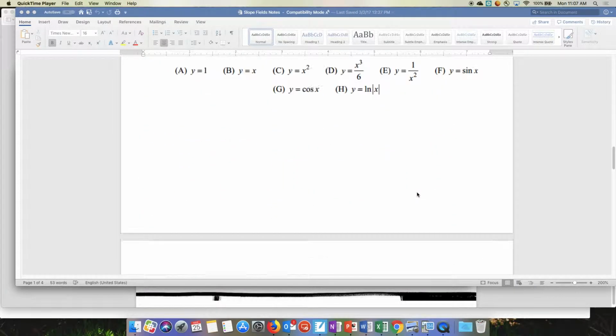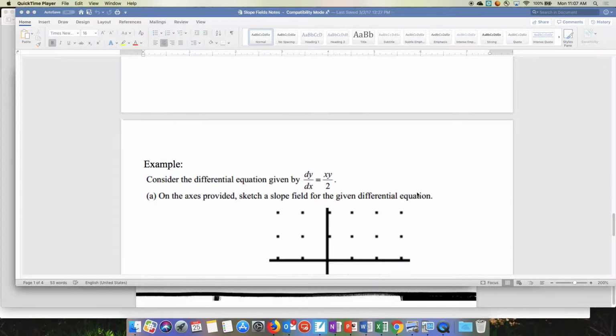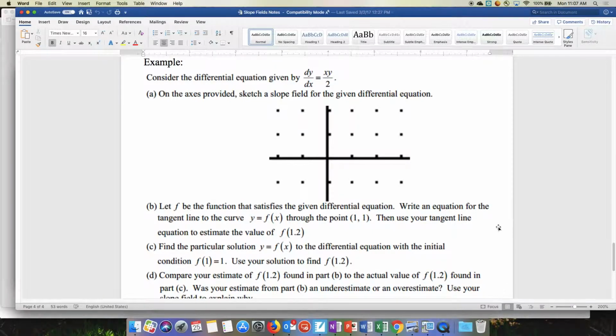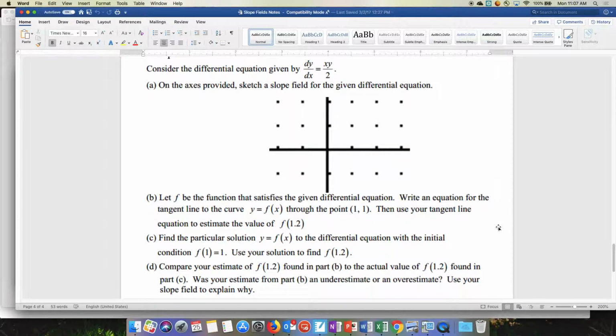Okay, so what I'd like you to do first is go ahead and fill in the slope field for x, y over 2.